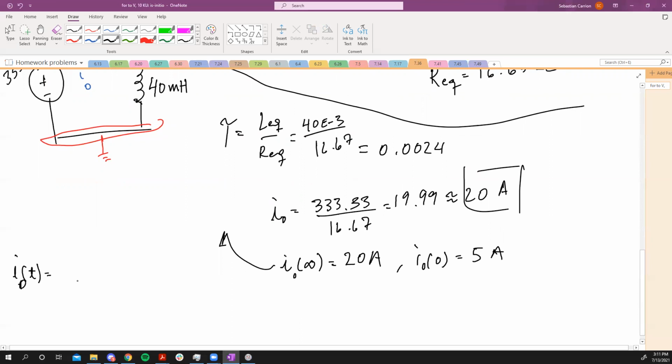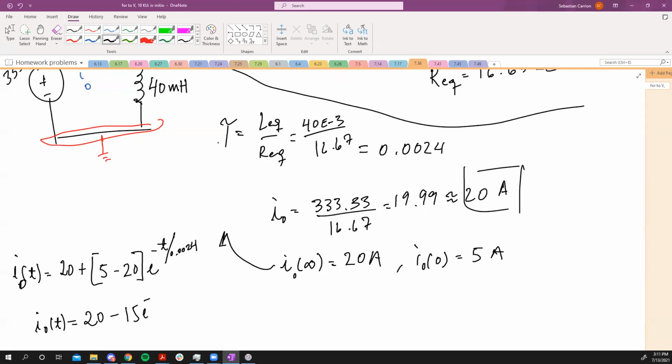All right, so 25 minus 20 e to the negative t over 0.0024. 1 over 0.0024, okay, it's gonna be like negative 416.67 t, right?